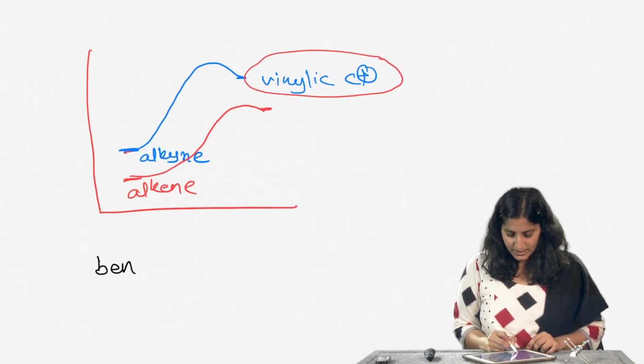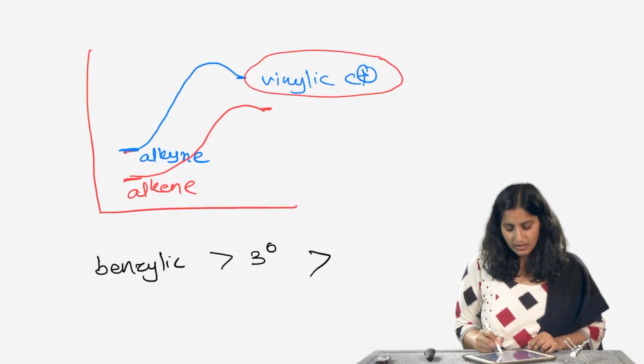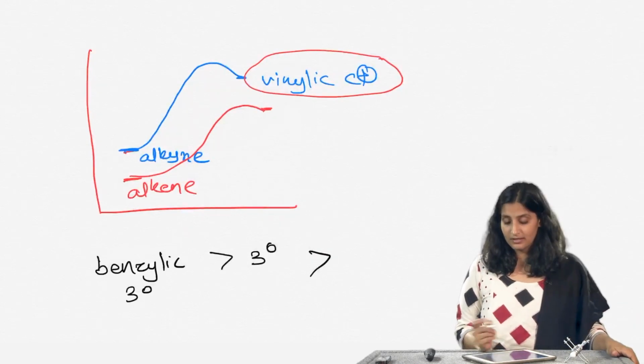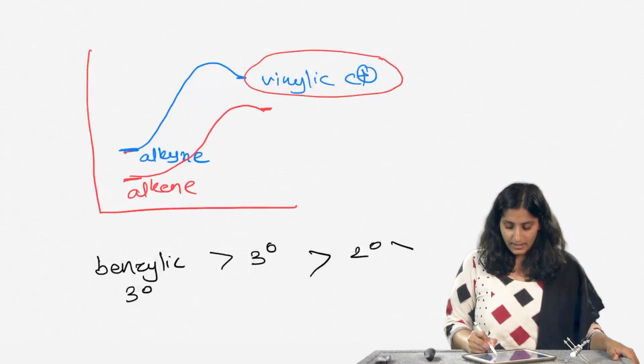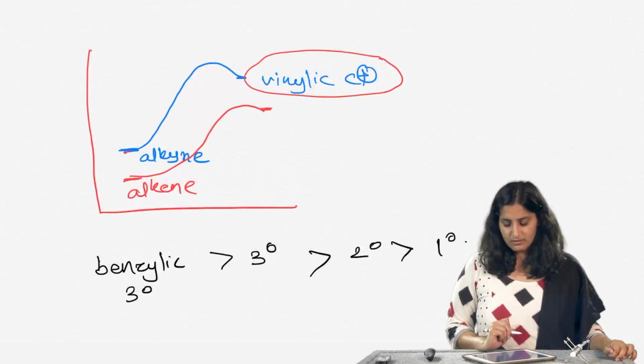something like a benzylic carbocation is going to be more stable than a tertiary carbocation. Maybe a tertiary benzylic is going to be more stable than a tertiary carbocation. Secondary is going to lie here, then primary, right, that is what we had discussed.